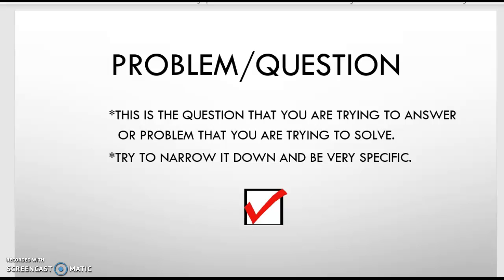So we talked a lot about my plants, okay? The plants that I have in my house. And my problem is the leaves are wilting, okay? So my problem is that the leaves are wilting. So my research question is, where is the best place in my house for my plant so that the leaves stop wilting?